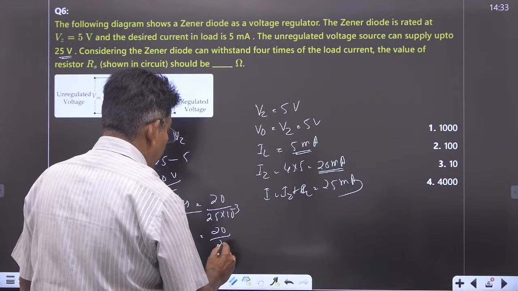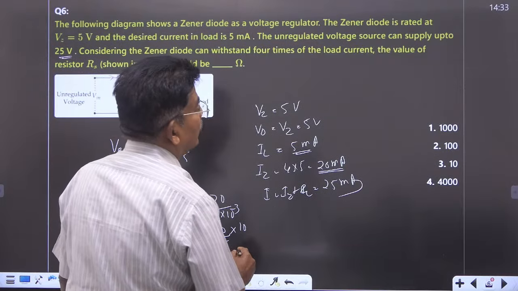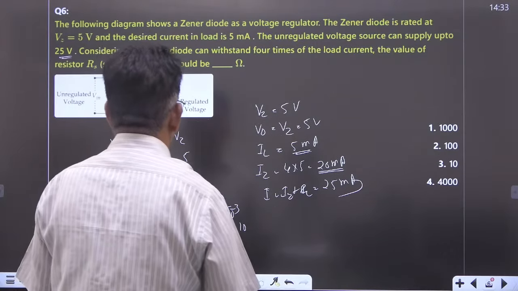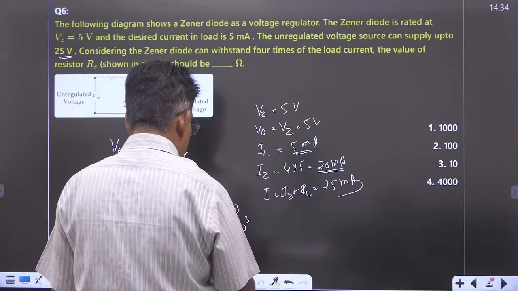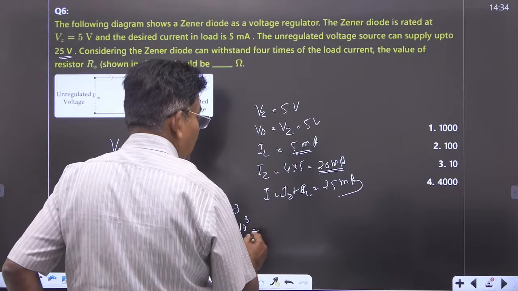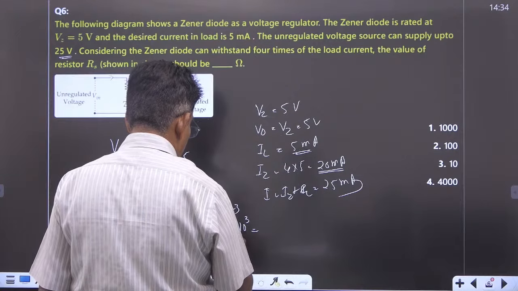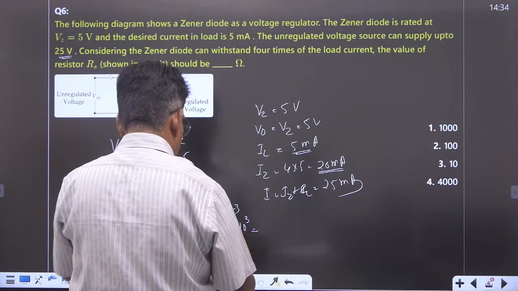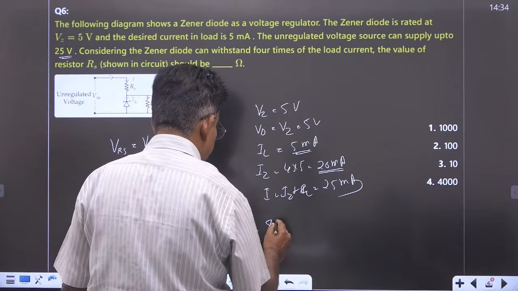Therefore, 20 by 25 into 10 to the power 3, in ohms. This is coming to be 4 by 5, so this will be 40 into 20, 800 ohms.